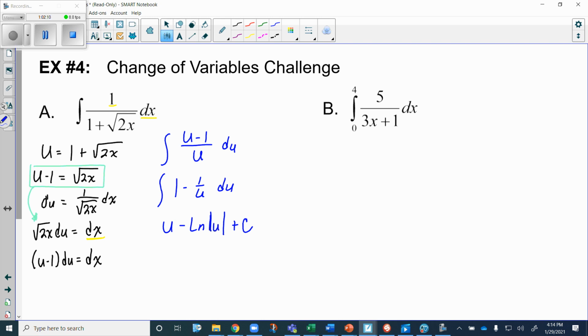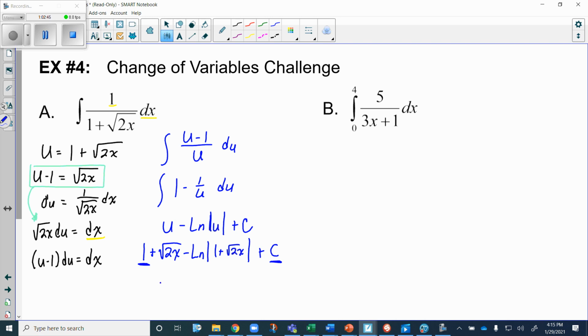In this case, we can substitute the expression that we have for u, which is 1 plus the square root of 2x, minus the natural log of, again, 1 plus the square root of 2x, plus the constant of integration. Whatever it is, the 1 and this c are both just constants, and they're going to add together, so that would just be a new constant.